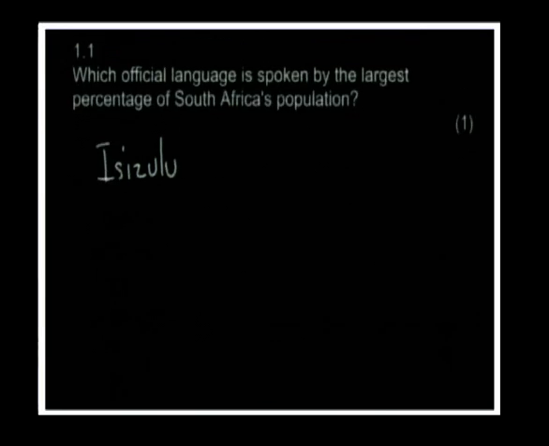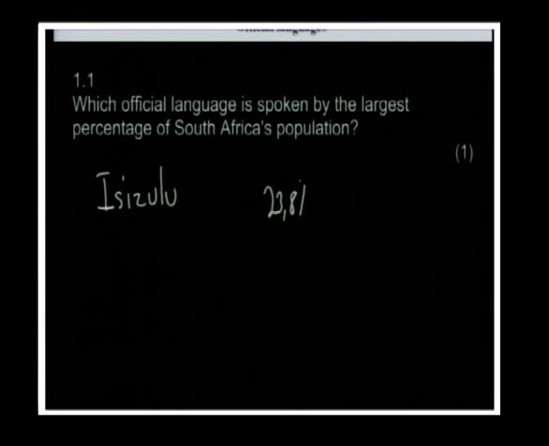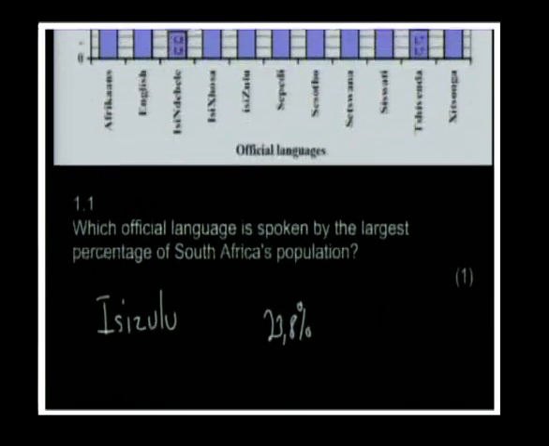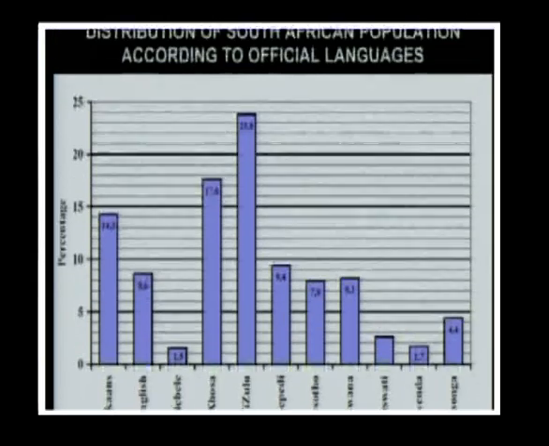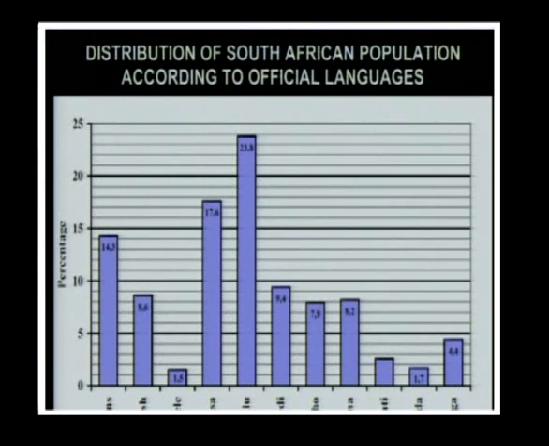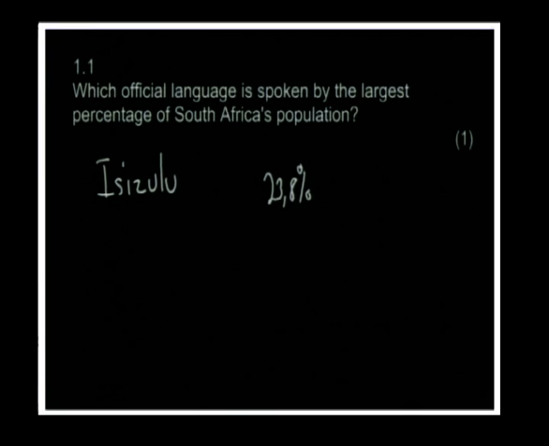Now, I often find when answering questions from the bar charts, many students will put in 23.8% because they went to the chart and said, well, that's the highest value. And yes, they're correct, but you're not answering the question.